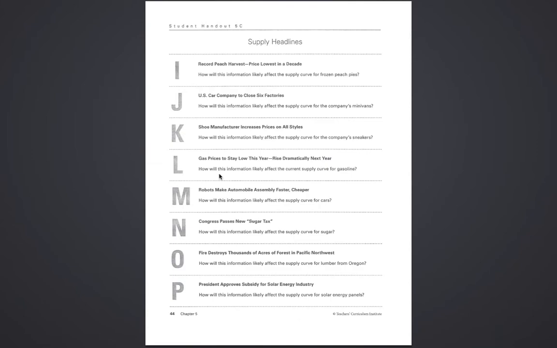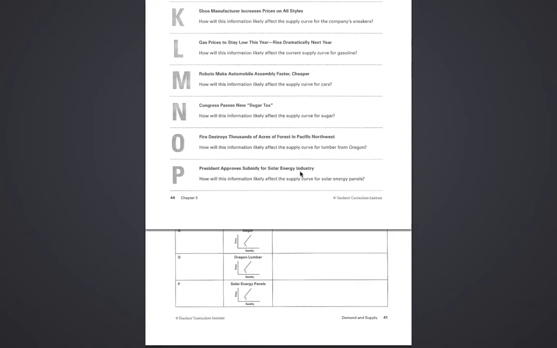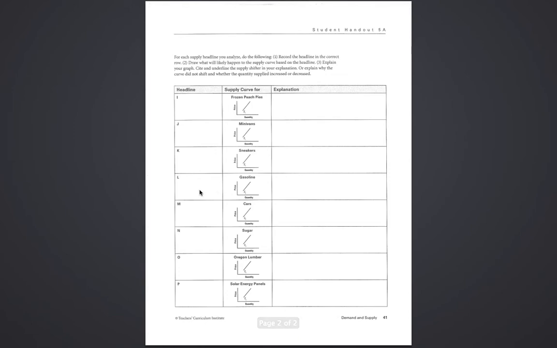Gas prices to stay low this year, rise dramatically next year. So how will this information likely affect the supply curve for gas? They're going to remain low now, but they're going to dramatically increase next year. So we have an expectation here. Gas prices are going to increase next year. If we are a supplier of gasoline, what are we going to do this year?